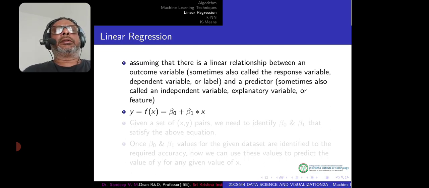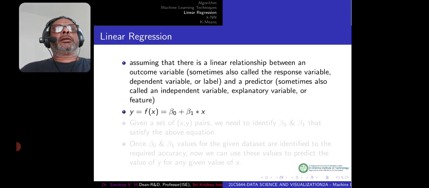So that's a well-known equation for a straight line. If it doesn't look familiar, then let us get our old version, and it is called y equal to mx plus c.